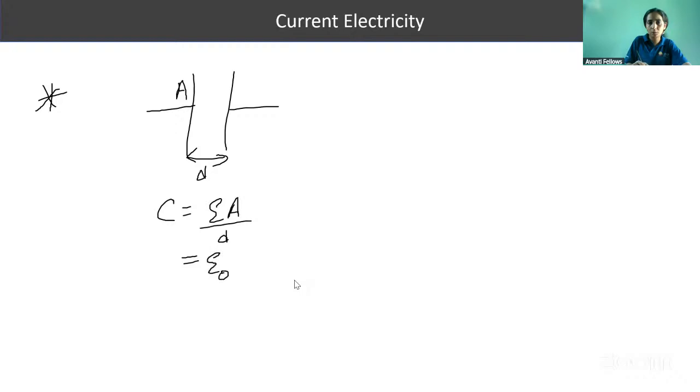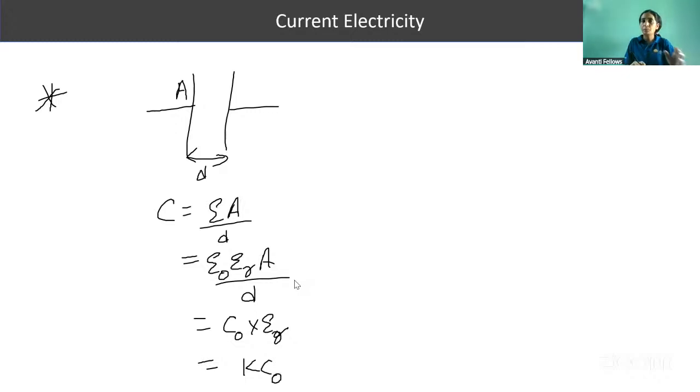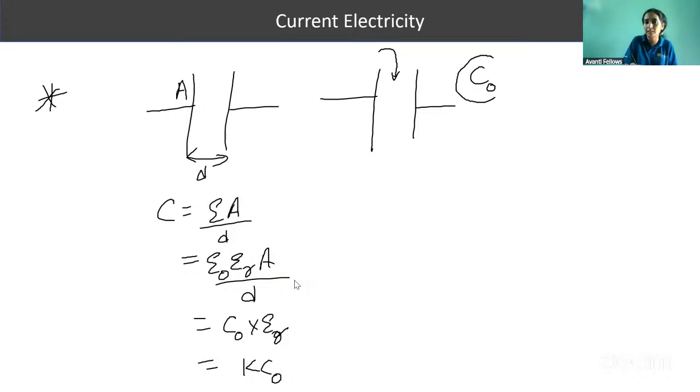What can you write epsilon as? Epsilon naught epsilon R, A by D. So basically, if in vacuum the capacitance is epsilon naught A by D, equal to C naught, then in a medium it is C naught into epsilon R, that is equal to K C naught. So if in the question it is given that there is a capacitor whose capacitance is C naught in vacuum, and after that you insert a dielectric in the space between the plates, what will happen to the capacitance?